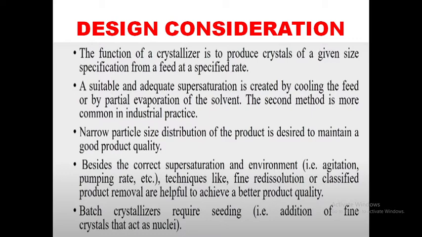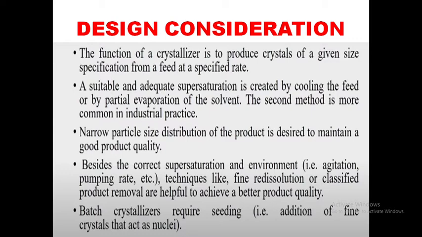Therefore, an important objective in crystallization operation is to produce crystals with as narrow a size range as possible. Besides the correct supersaturation and the environment, that is agitation, pumping rate, etc., techniques like fine redissolution or classified product removal are helpful to achieve better product quality.